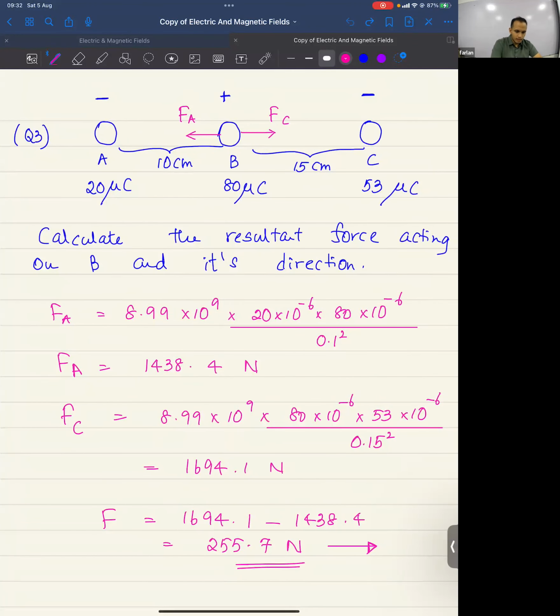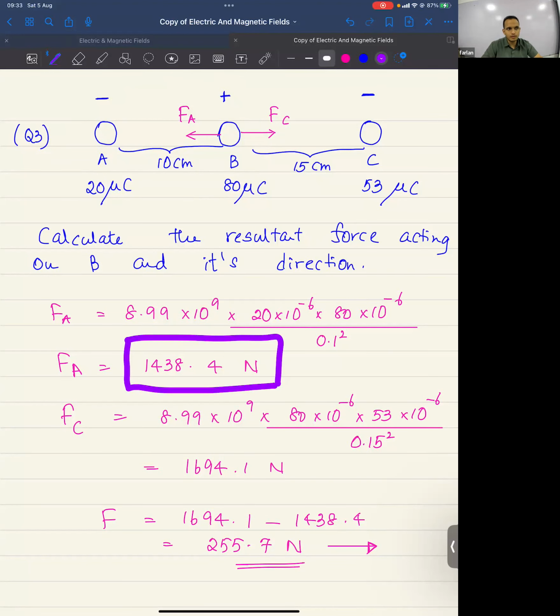So guys, we can find the FA by taking the charges A and B. So it will be 1 over 4 pi epsilon naught, which is 8.99 into 10 to the power 9, times charge of A, 20 into 10 to the power minus 6, into charge of B, 80 into 10 to the power minus 6, divided by R square. R is 10 centimeters, that is 0.1 meters, 0.1 square. There you get FA.